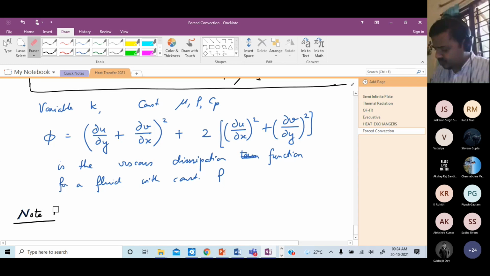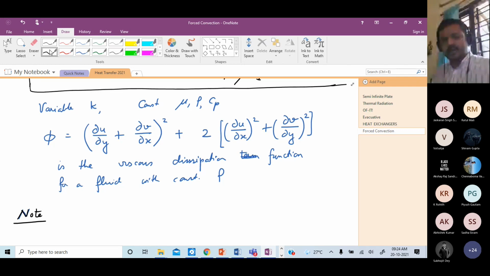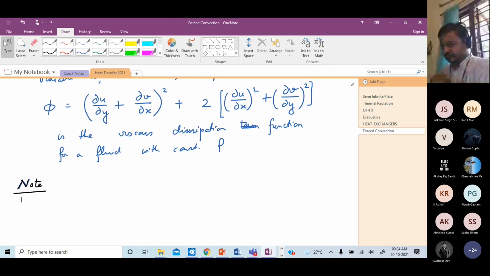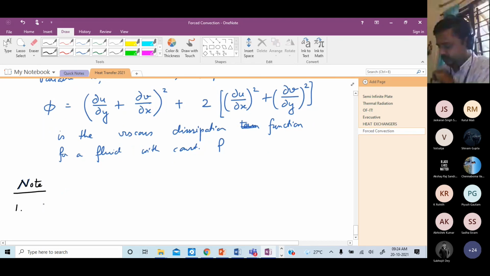Note one. The first thing is, if the fluid is at rest, what happens?